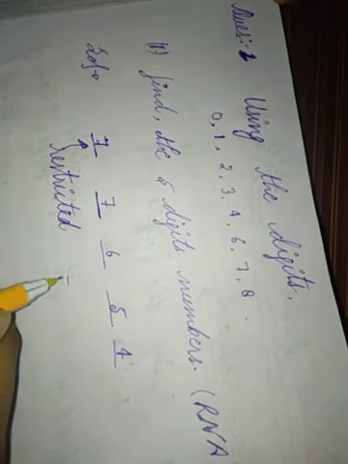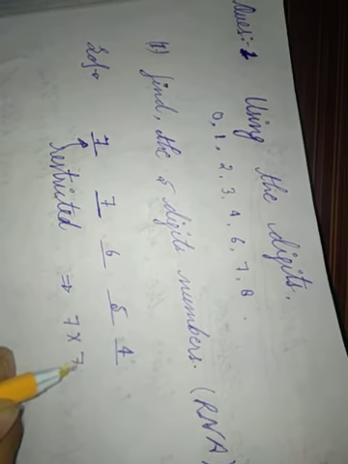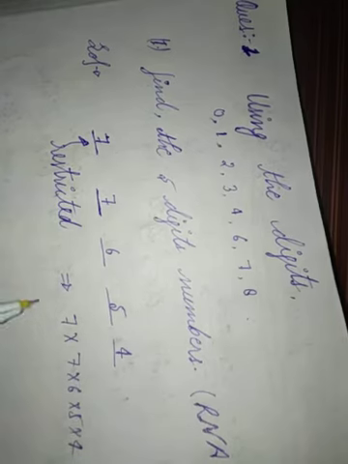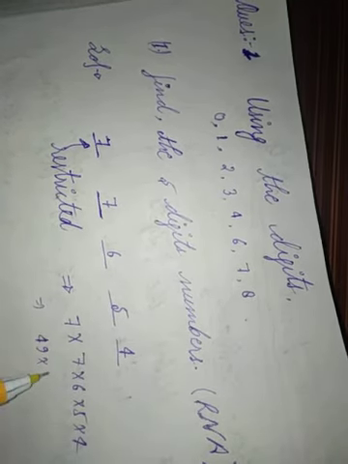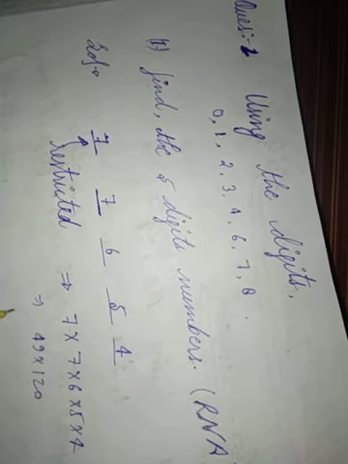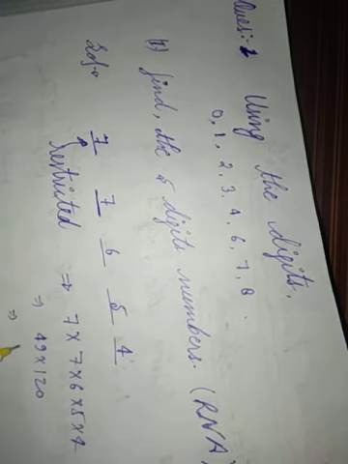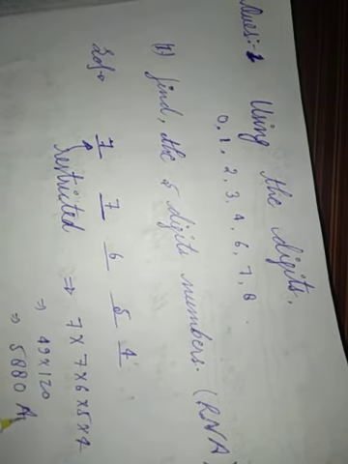Then we multiply these: 7, 7, 6, 5 into 4, and it comes out 49 into 120. This comes out 5880. This is our answer.